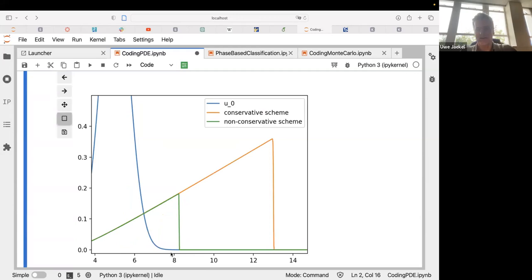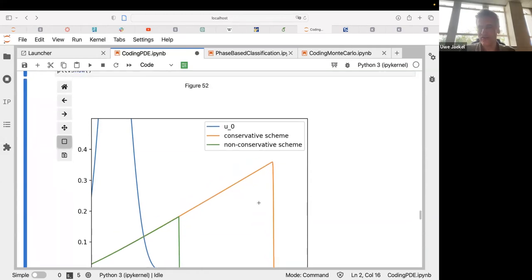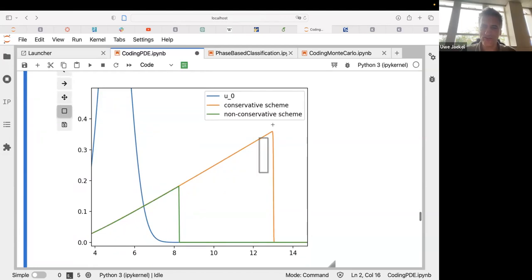Yeah, and it's getting slower and slower. Propagation is much slower, while the shock front, and this is much closer to the truth, proceeds according to the conservative scheme.